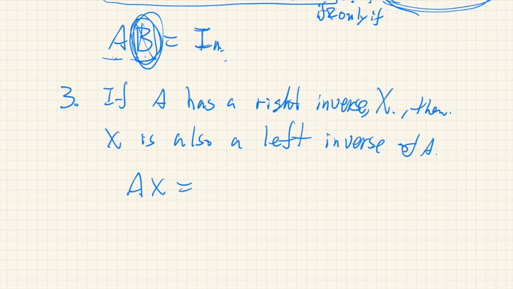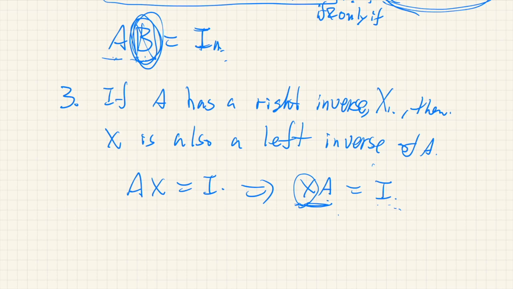If AX is equal to the identity matrix, then XA is equal to the identity matrix. So if X is multiplied to A from the left, the result is the identity matrix. In that case, we call X a left inverse of A. So that means if there is a right inverse, it's also a left inverse, and vice versa. If there's an inverse, it's an inverse from both sides.